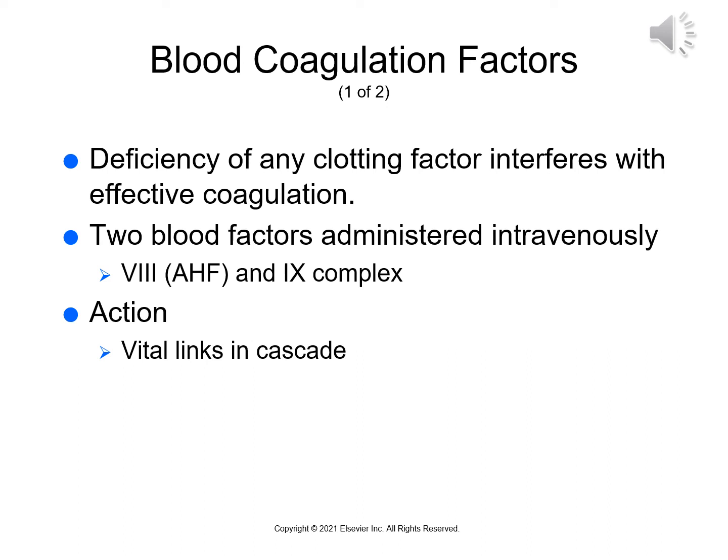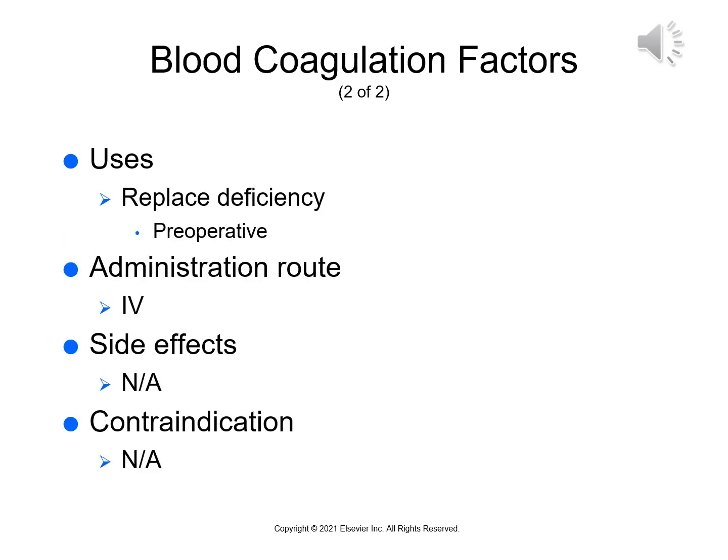So the third and final systemic coagulant is blood coagulation factors. They are vital to the cascade, and a deficiency of any clotting factor interferes with effective coagulation. The two shown here are administered intravenously in the medical setting. And just to be clear, I want you to make sure that you understand what a systemic coagulant is. You can read about it on 122, but it's the natural clotting mechanism.